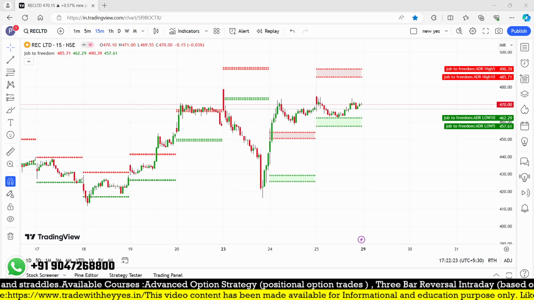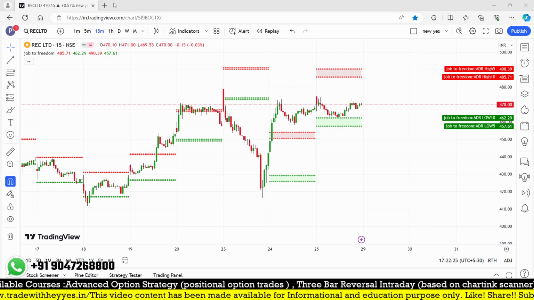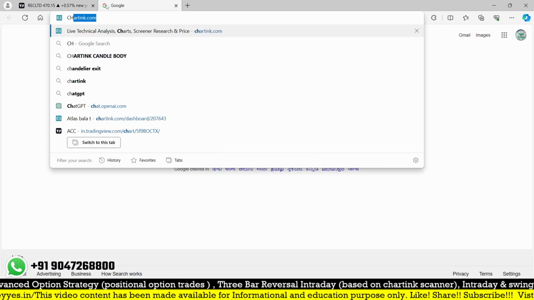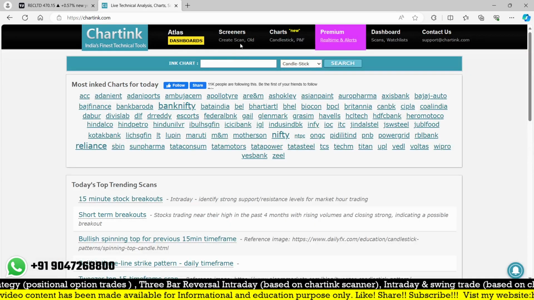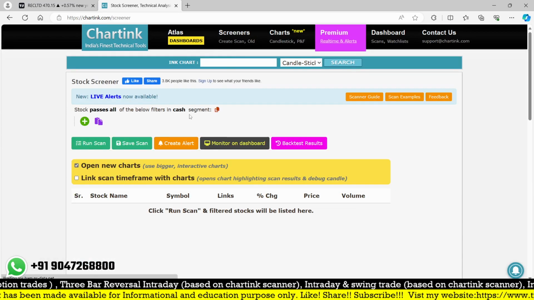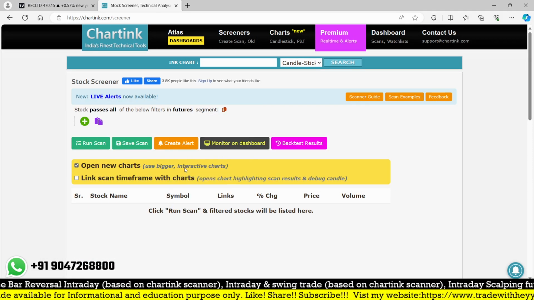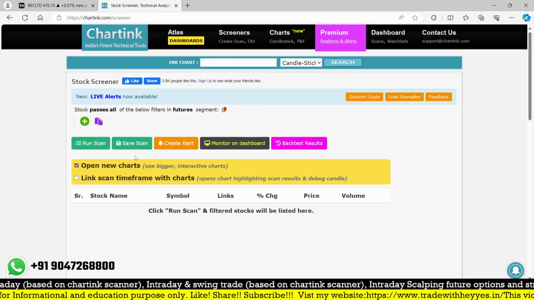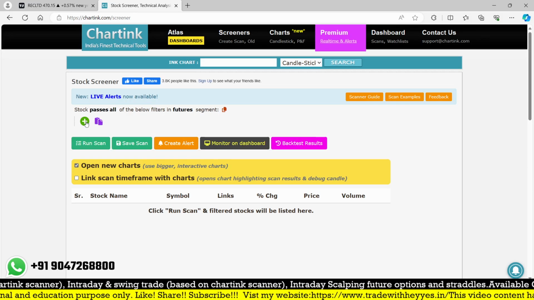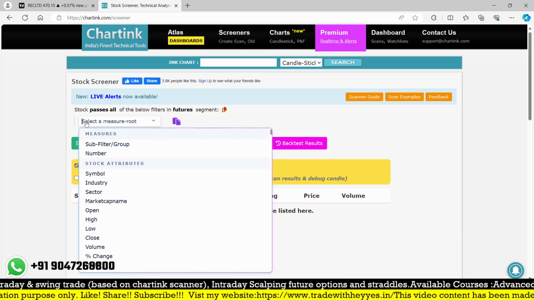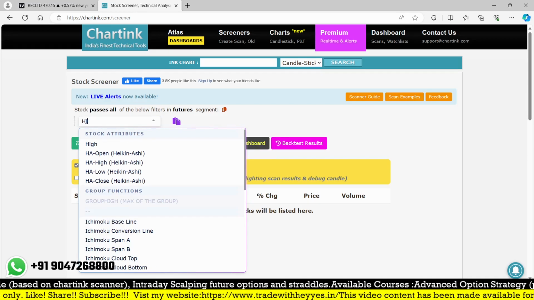After finding that, we can easily find trade opportunities, the stocks which are forming such a pattern. We already made a custom indicator, so based on that we are doing it with a single scanner, which is possible.